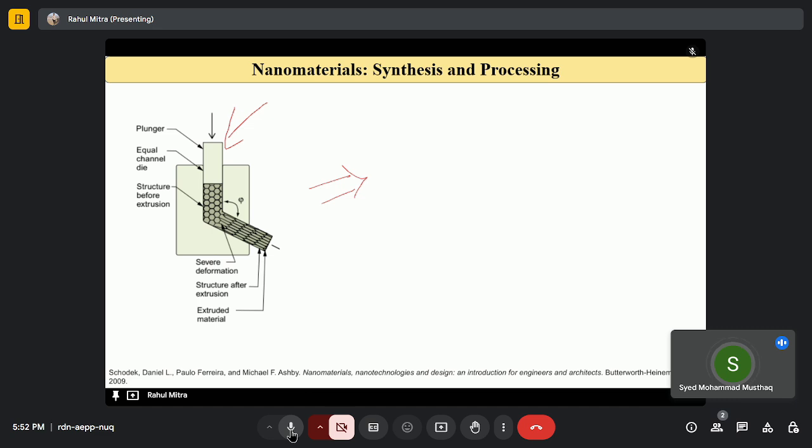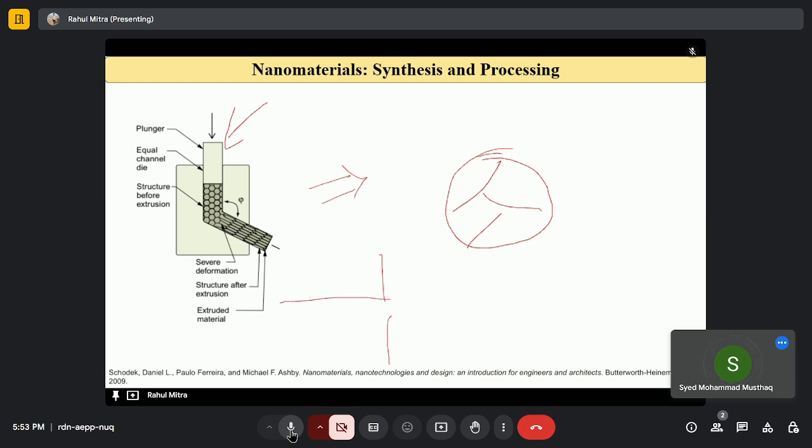Suppose I have a structure and a grain, and once we start deforming, suppose this is the cross section of this material.